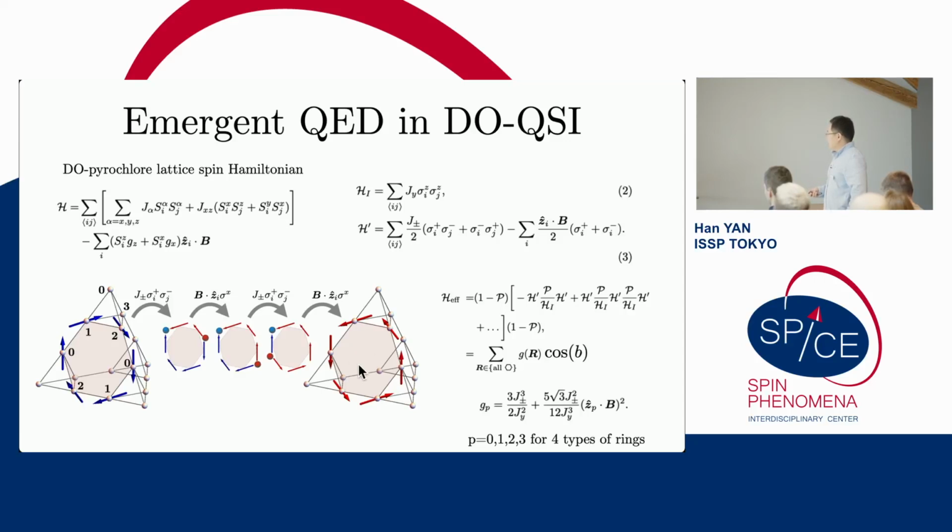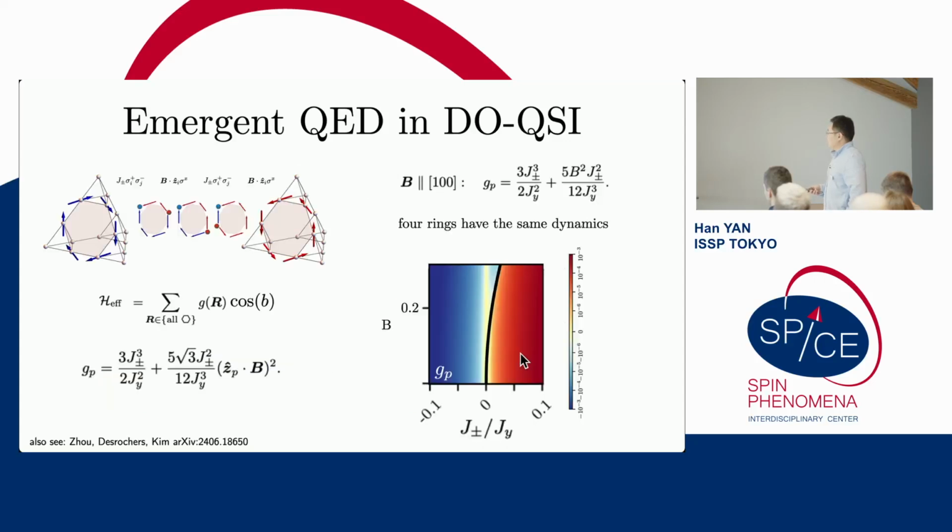So now you can look at this and try to put B in different directions and see how the cosine B coefficient changes. For example, if your external field is in the global 1, 0, 0 direction, then all the loop flipping terms get modified uniformly, even though they point toward different directions. So the first consequence is that this GB, plotted in color here, can change its value.